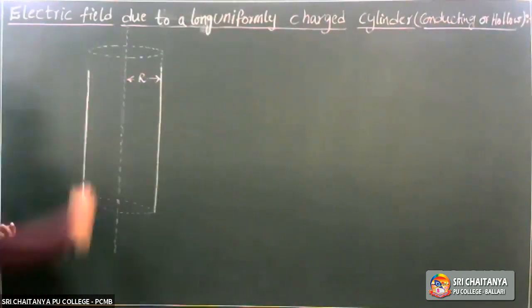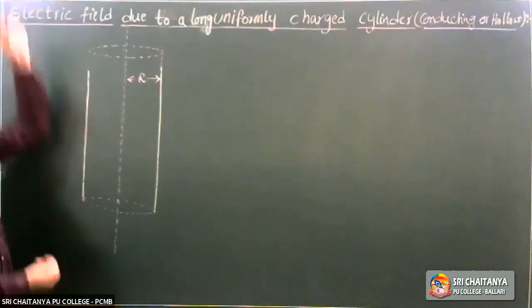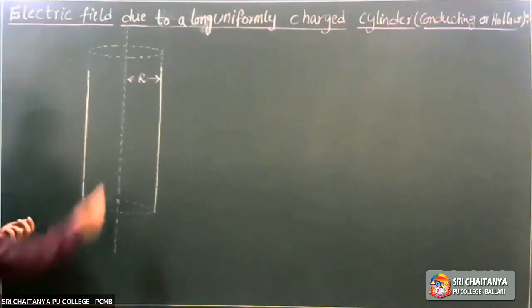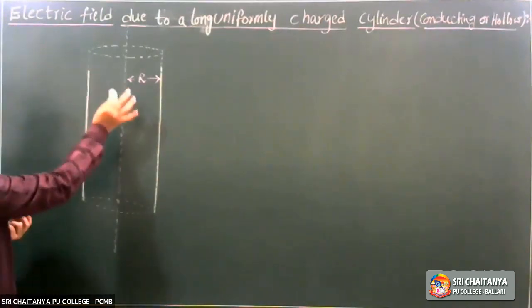The cylinder has radius R. It is very long, right? So R is the radius of the cylinder. And some charge is given to this cylinder.